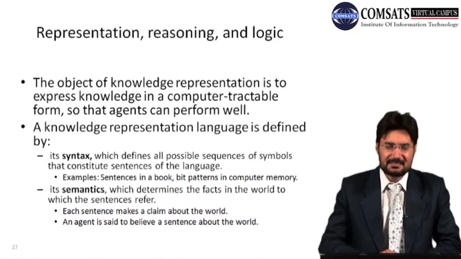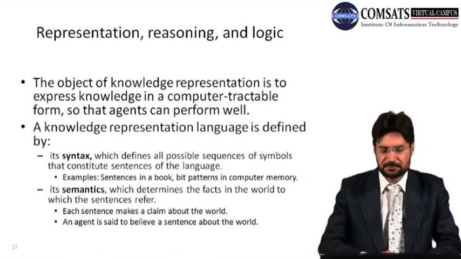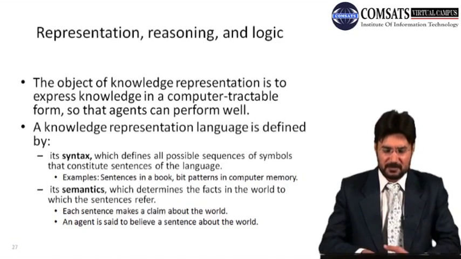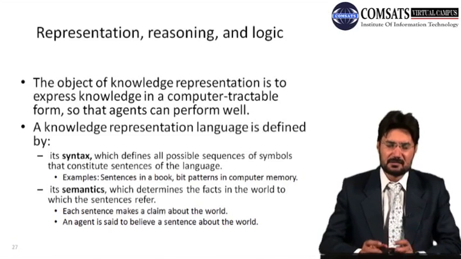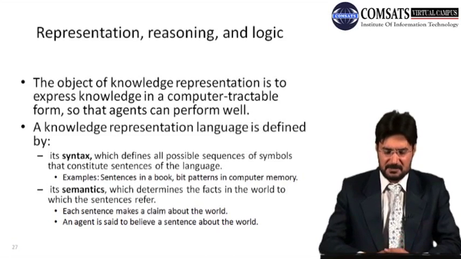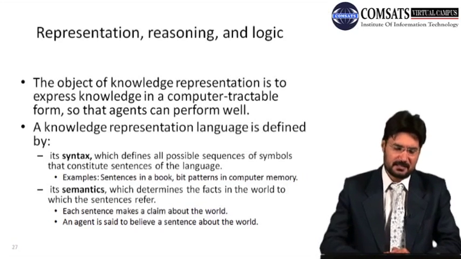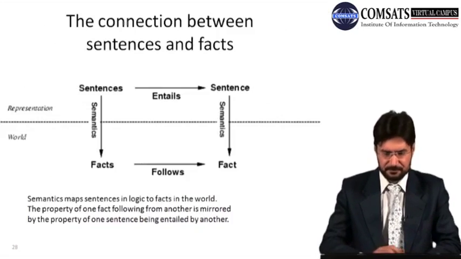Syntax is a collection of symbols which represent the world, and semantics is the understanding of it, what it claims about, what the syntax means. So in a logical way we can convert it into kind of symbols that we can trace and use. So for knowledge representation we need two things: one is syntax and the other is semantics.